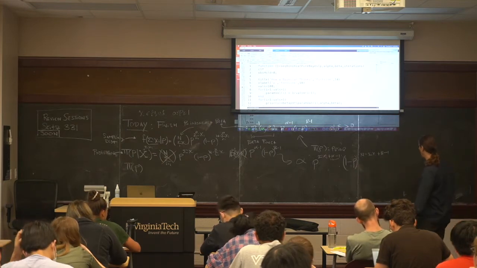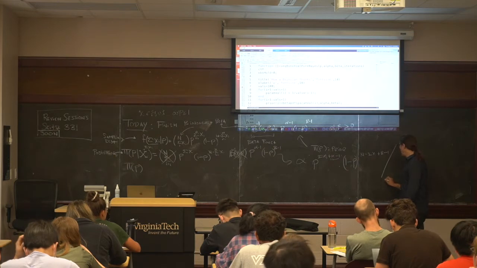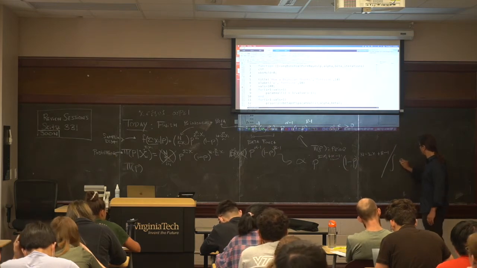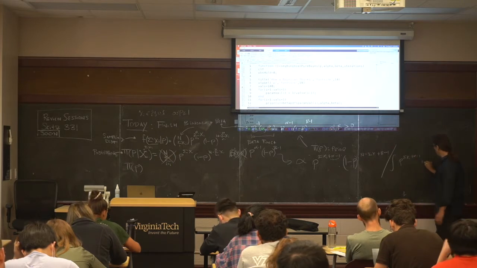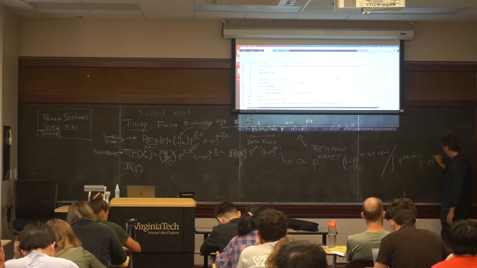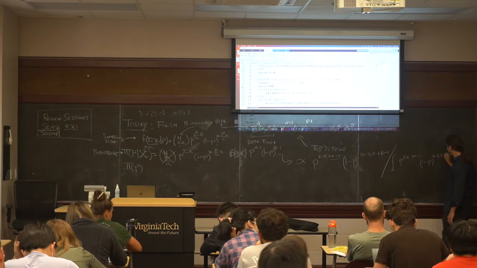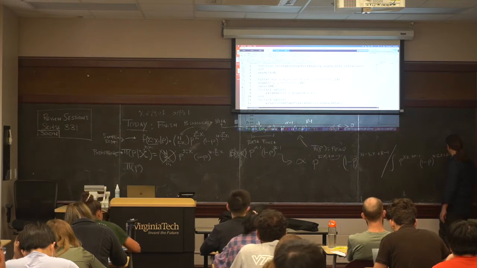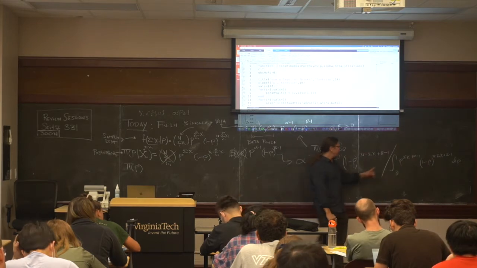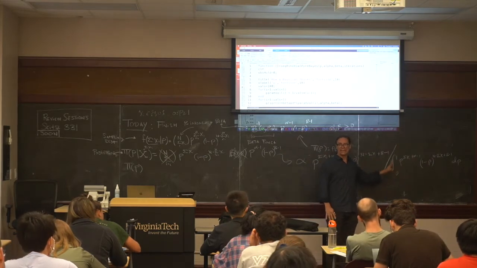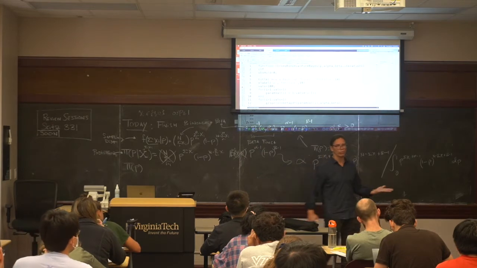I could normalize it by dividing by the integral of P to the sum of the xi's plus alpha minus 1, 1 minus P to the n minus sum of the xi's plus beta minus 1 dp. This is a definite integral between 0 and 1. But again, I can't write that thing down. I cannot solve that equation for arbitrary alpha and beta.